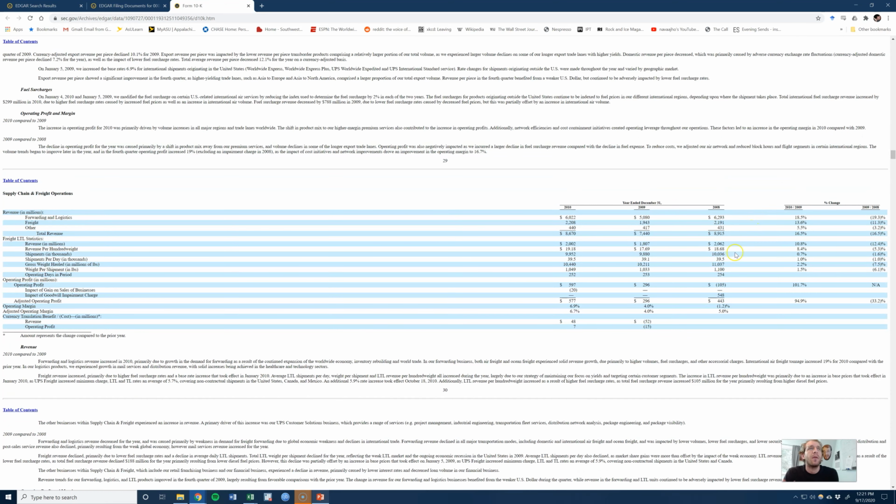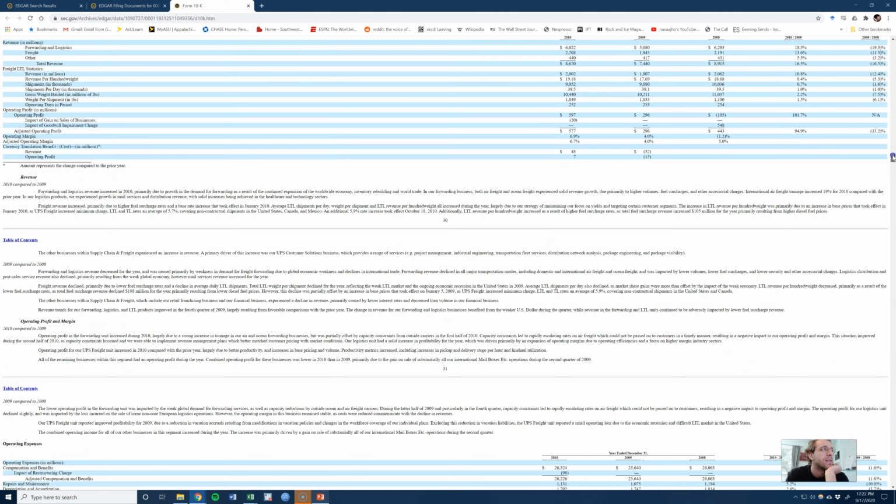Now they're breaking it down by the most valuable sector. We'll talk a little bit more about that when we get into more detail. This is a newish requirement by the SEC to give us more data. So instead of what's called the consolidated statement, they're giving us a separated statement by their most important sectors.